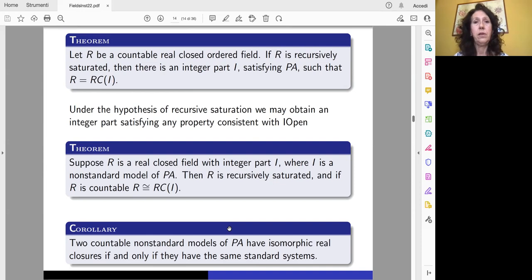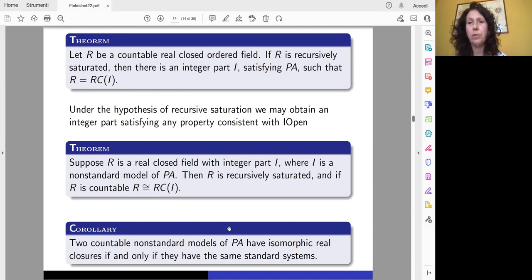And in fact, the real closure of this integer part coincides with R, the starting real closed field. And moreover, it's not difficult, using recursive saturation, to obtain integer parts which satisfy any property which is consistent with IOpen.